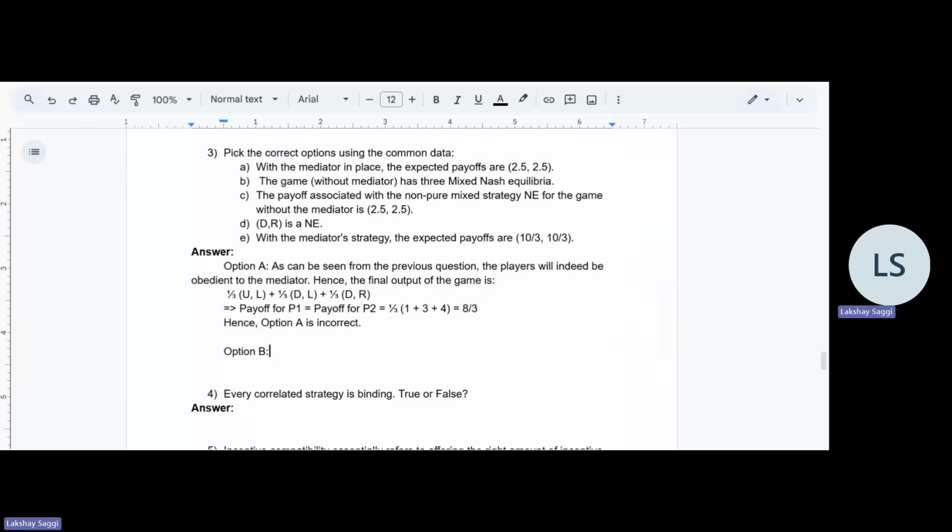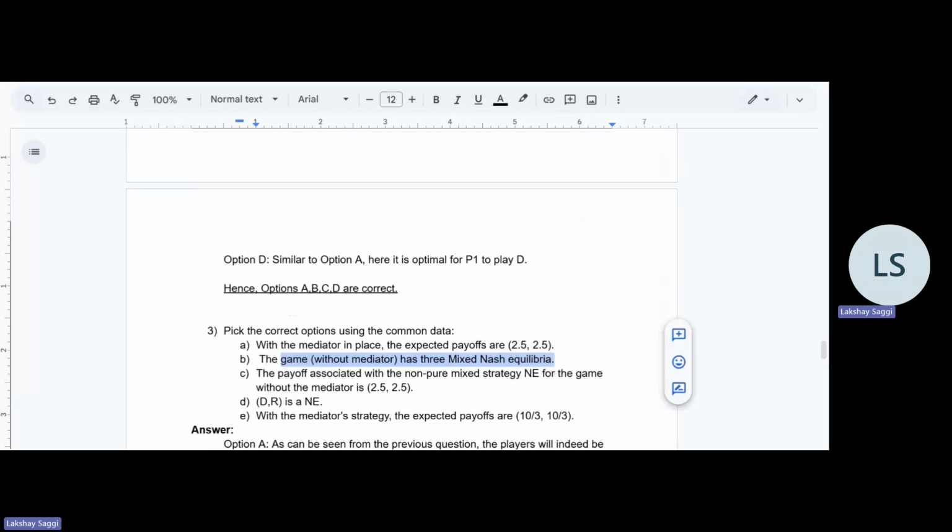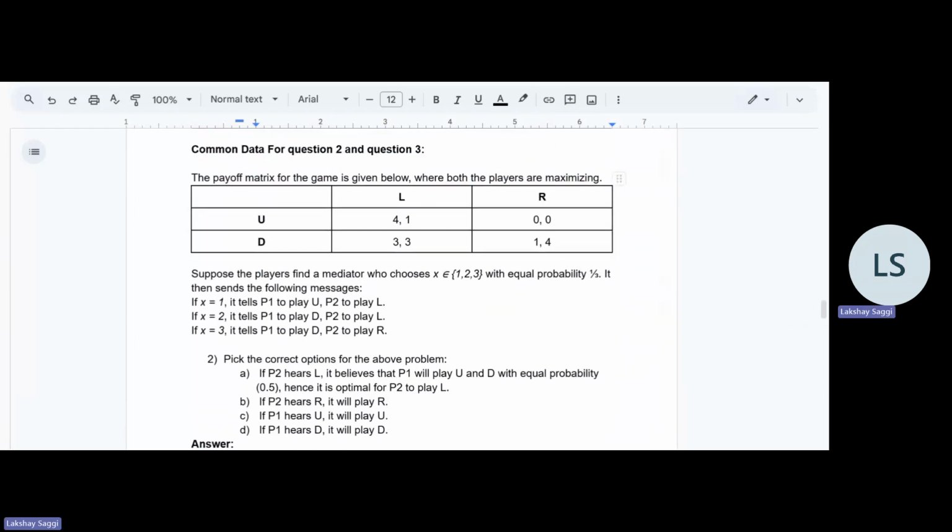Option B says that the game without mediator has 3 mixed Nash equilibria. I think you can try this yourself, because we have discussed quite a number of times how to find this out. Suppose there is no mediator in the game, then one wants to find out how the game will end.